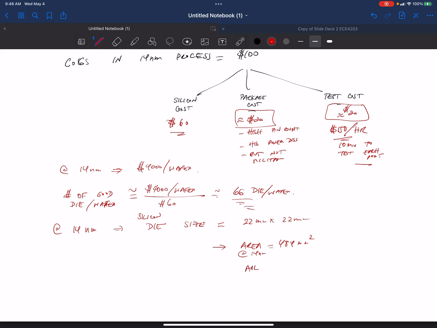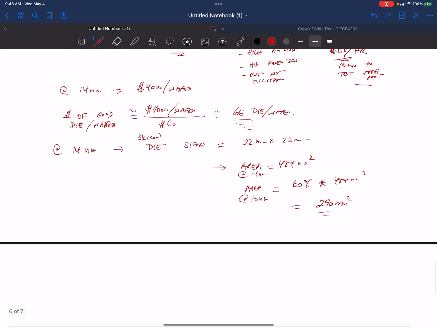If I do a port to 10 nanometers, it's going to be 60% of that, which gives 290 square millimeters, or a die size of 17 millimeters by 17 millimeters in 10 nanometers.